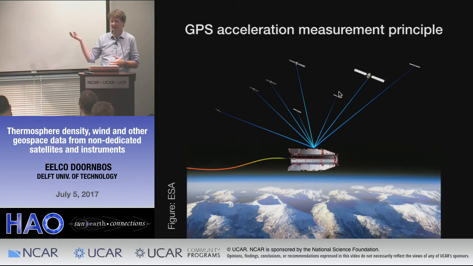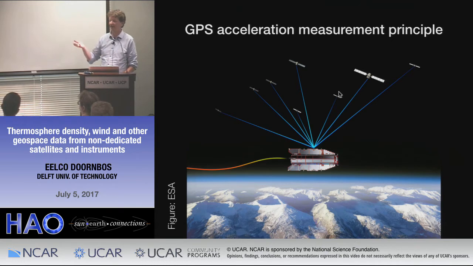GPS is of course basically a range measurement, a sort of position measurement. If you combine multiple satellites, you can put all these measurements into an orbit determination where you have models for all the forces acting on the satellite. So what we do is we put the most advanced models for all the gravitational accelerations in our orbit determination, but we act as if we do not know how to model non-gravitational accelerations, and we put a sort of stochastic model in there where we estimate how large these non-gravitational accelerations are.